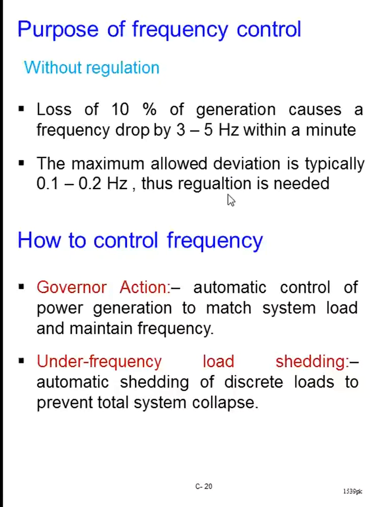And how we achieve the frequency control, that is through the governor action, and that is by automatic control of power.